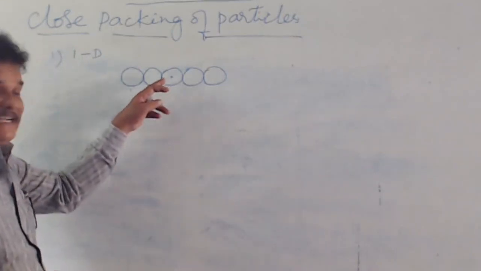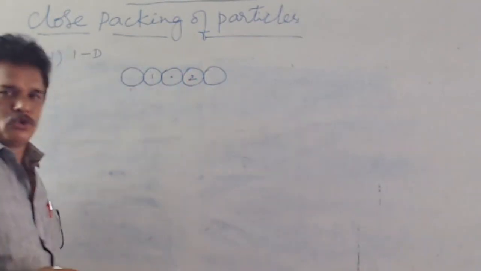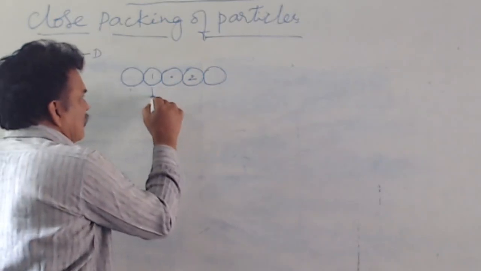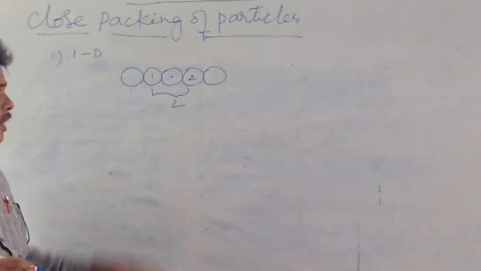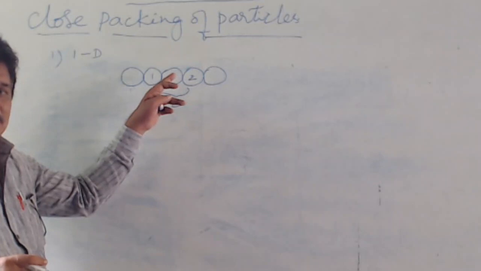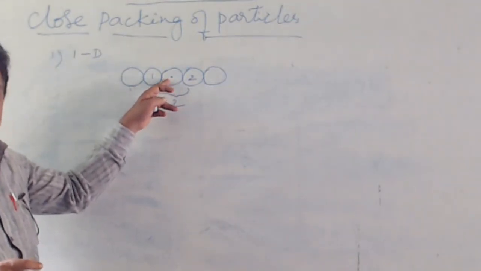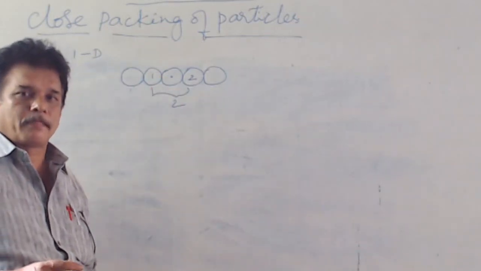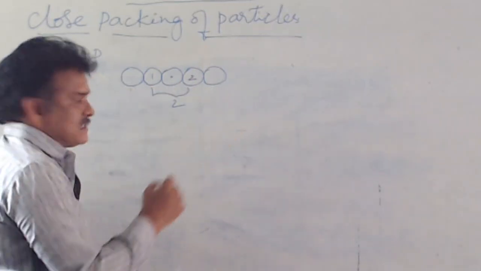Then it is in close contact with 2 other particles. So the coordination number is 2. Coordination number is nothing but the number of neighboring particles that come in contact with the reference particle or central particle. This is one dimension, along one axis.